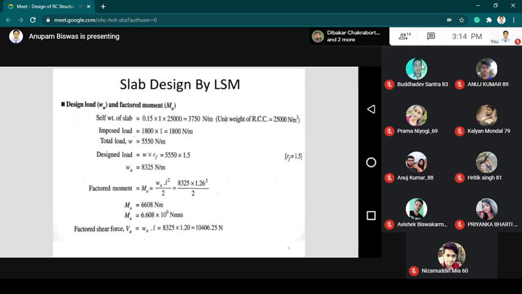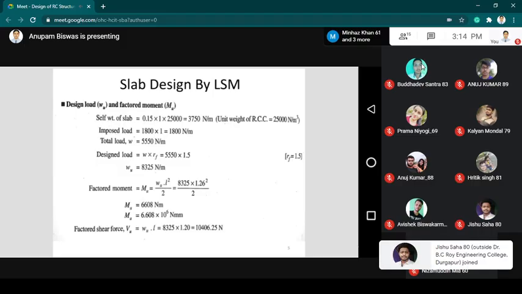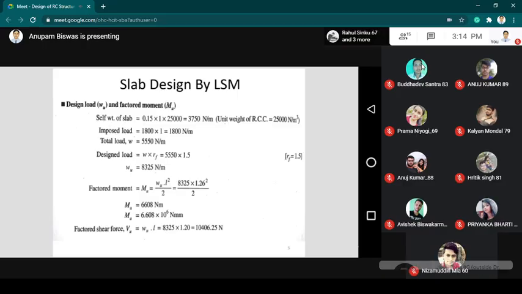We have to multiply the total load with the factor 1.5. The total load, self weight plus imposed load, is 5550 newton per meter. Multiplying it with the factor 1.5, we get 8325 newton per meter as the design load, w.